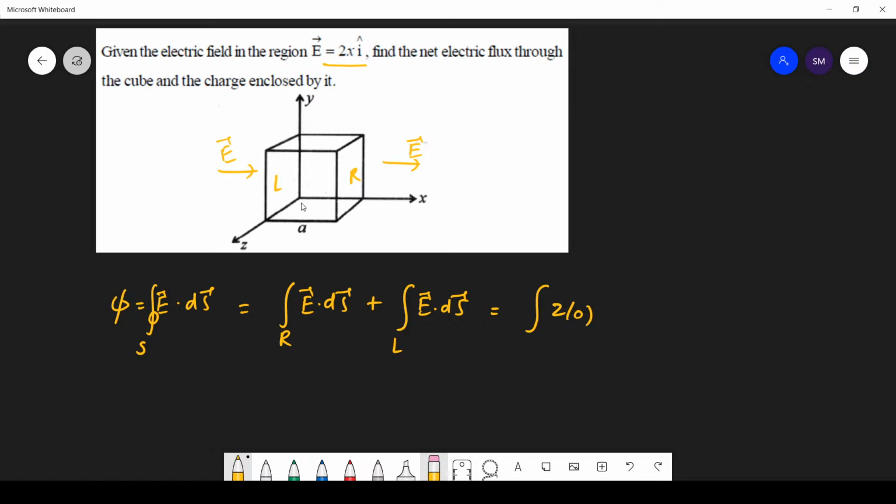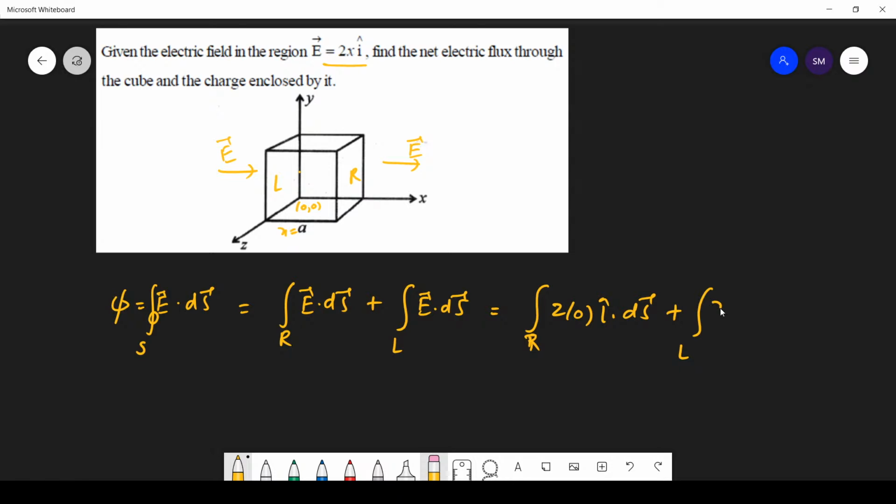This is your origin 0, 0. So through the right hand surface, as x is 0, the flux is 0, and through the left, what is the value of x? This is a, so x equals a.